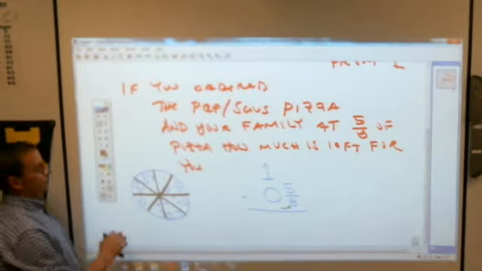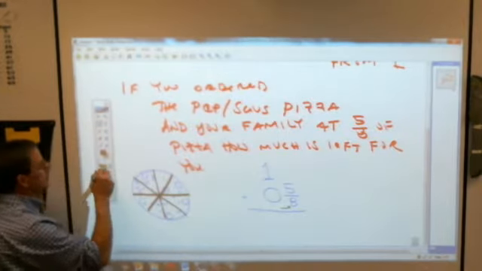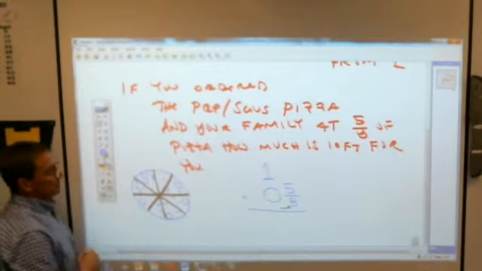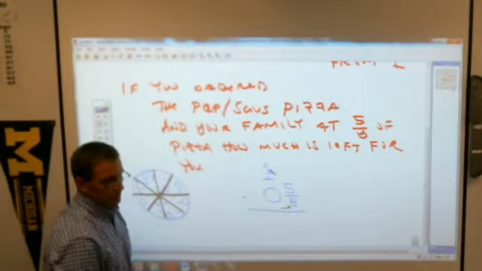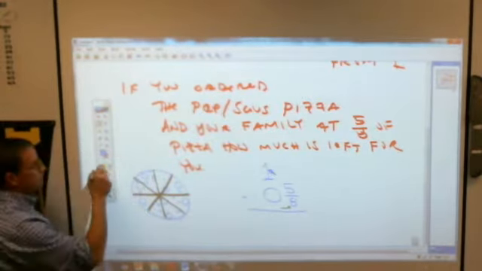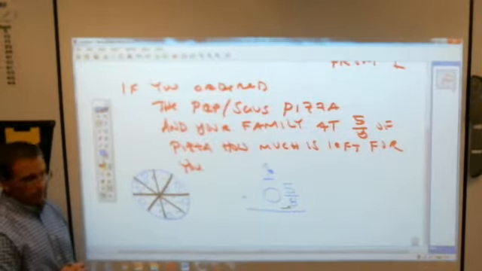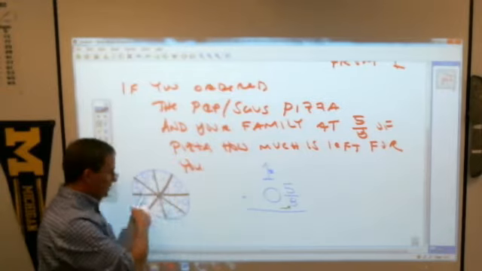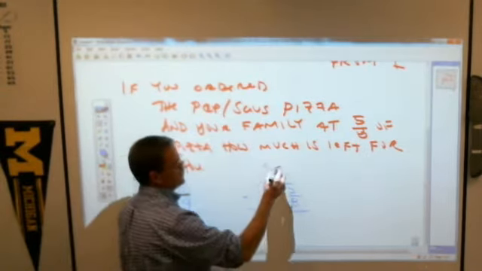There's my whole pizza. We already know that one whole pizza is the same as what fraction? What fraction is this right here? Trevor? 8/8. Right.